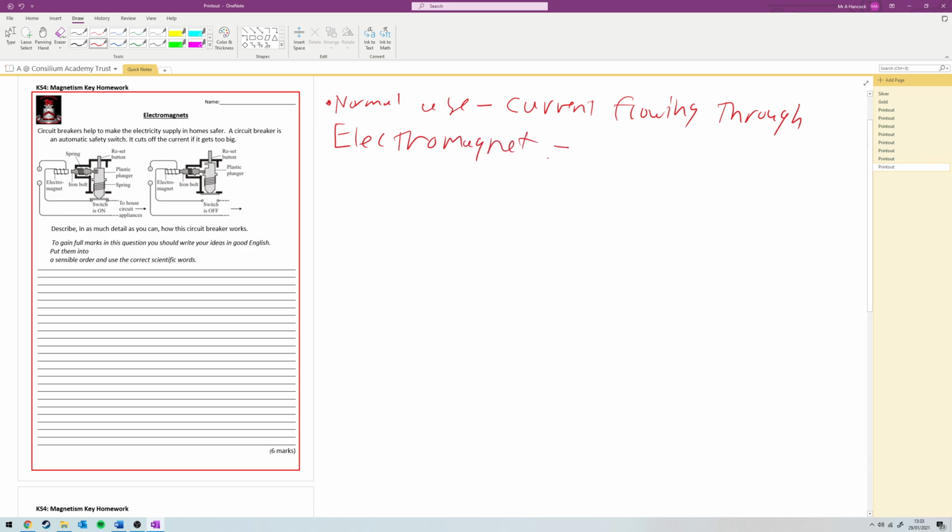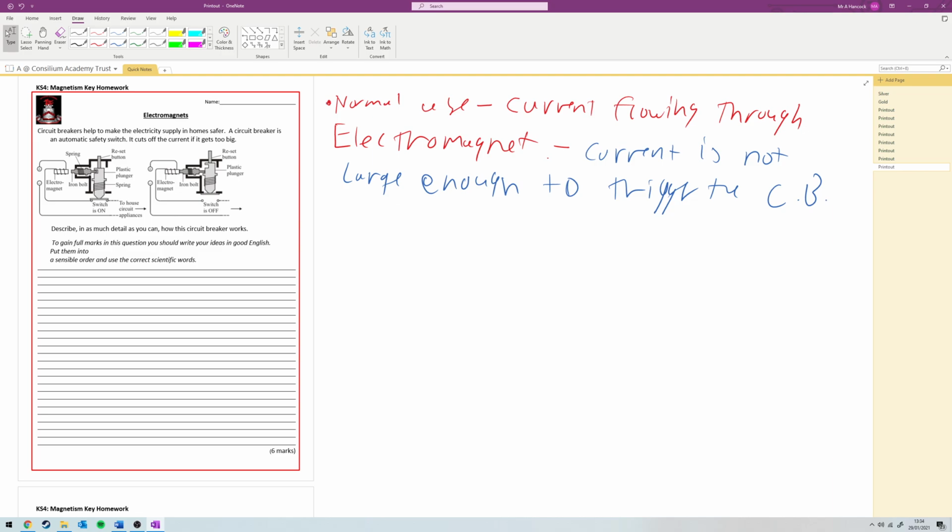This current, so specifically this current, is not large enough to trigger the, I'm going to call it a circuit breaker.